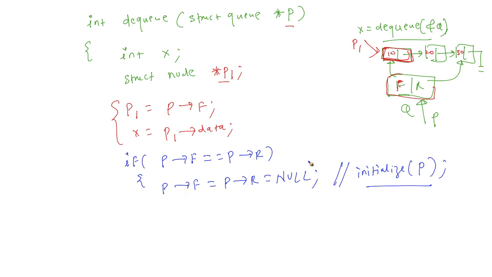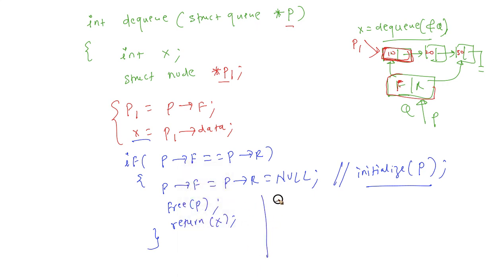And after setting these to null, I'll delete the node pointed by P1, delete this node, by saying free P1, and then return the value which is there in x, return x, right? This part.